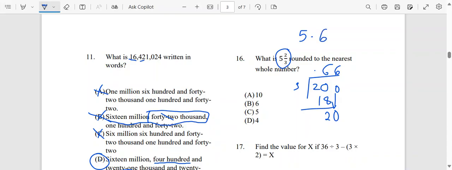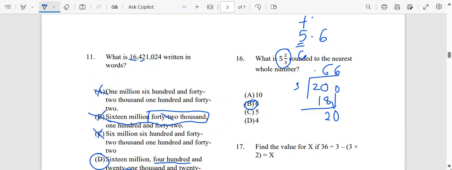So 2/3 is 0.6 recurring, and we need to now round it to a whole number. The digit that comes after is greater than 4, and so we add a 1 to it, which gives us 6. So our answer there would be B, 6.